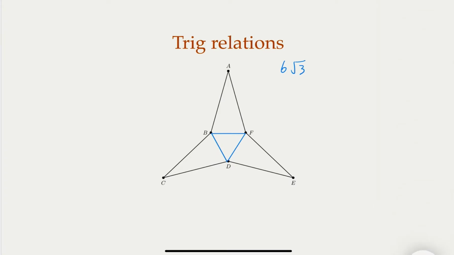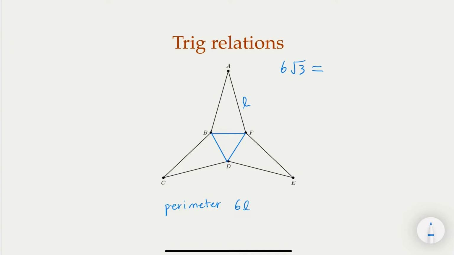Let's assume the side is L, then the perimeter is going to be 6L.